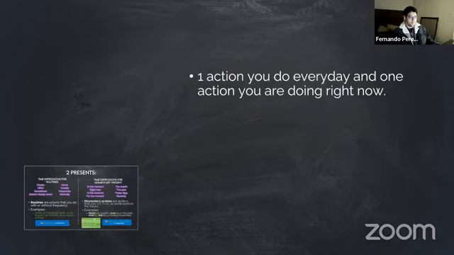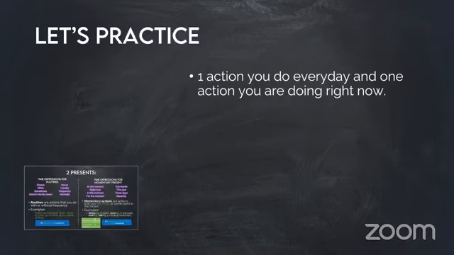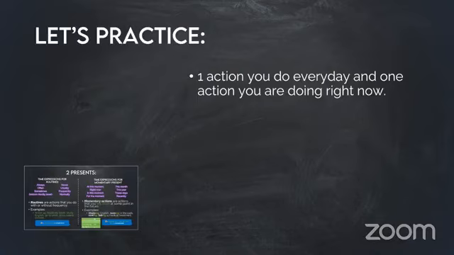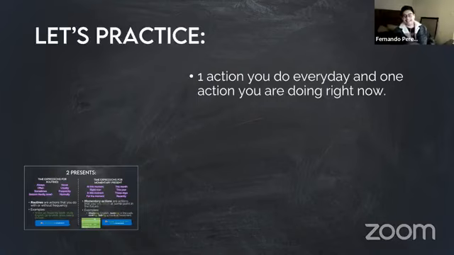Tell me one action you do every day versus one action that you are doing right now. I am waiting for dinner right now. Okay, that's one action. I am waiting for dinner right now, and I do exercise. I usually do exercise at home. Wow, excellent. You have two actions, very good.